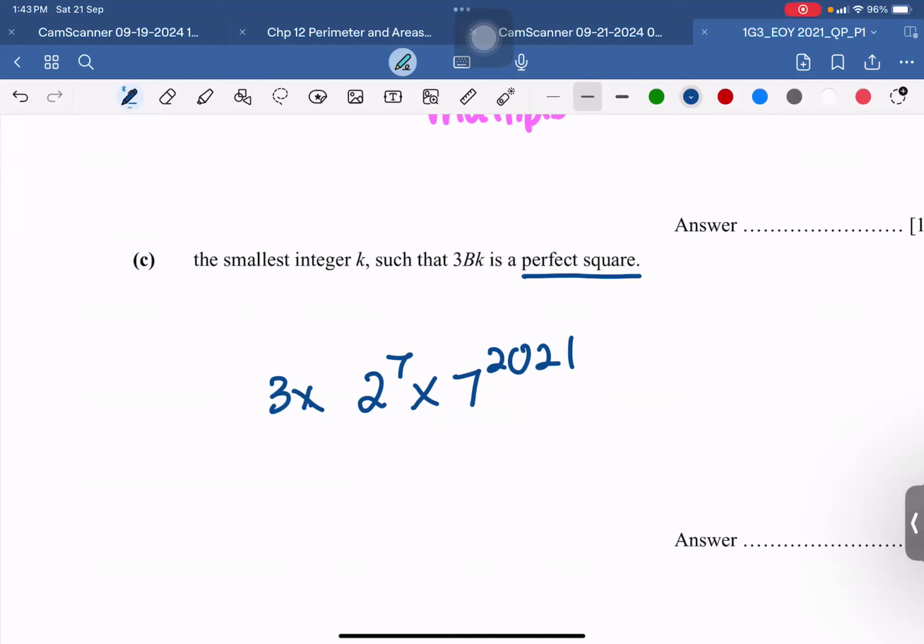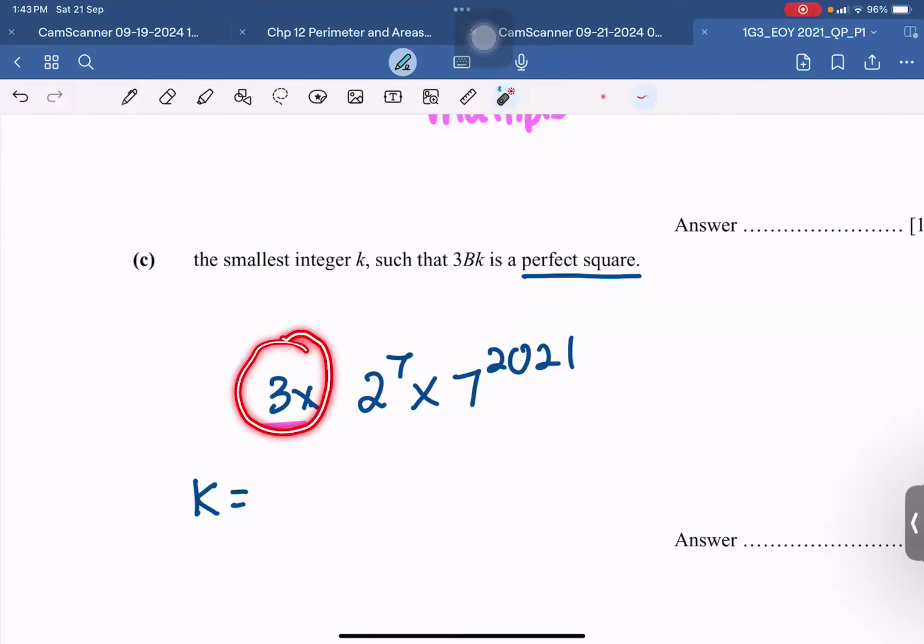So I need to multiply a 3 to it in front first. Then 3 times b with a number k to be a perfect square. So I take a look at 3 times b. Which of these is not a perfect square?